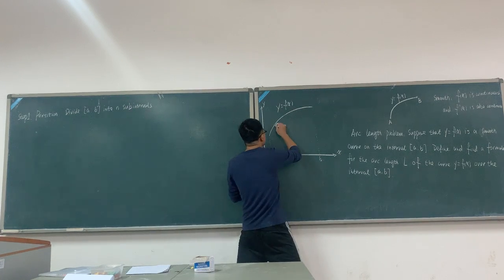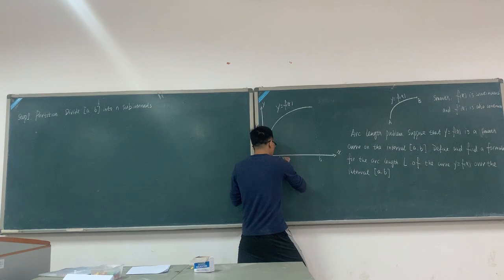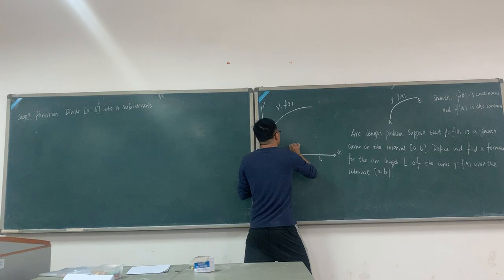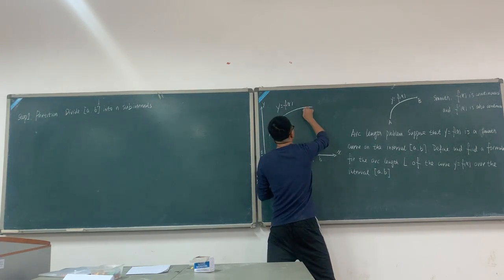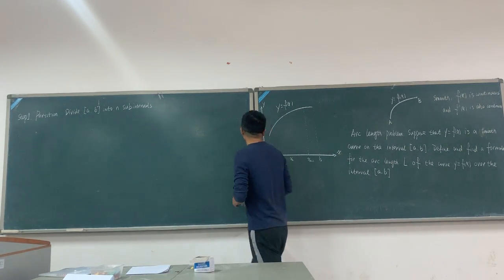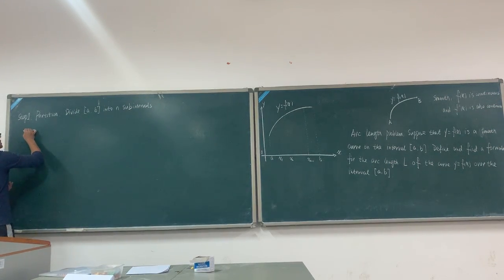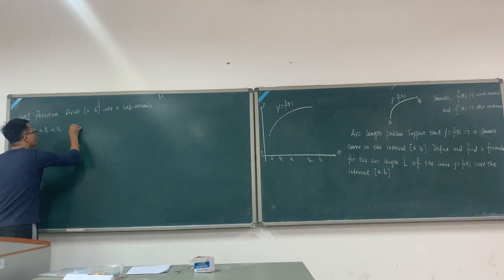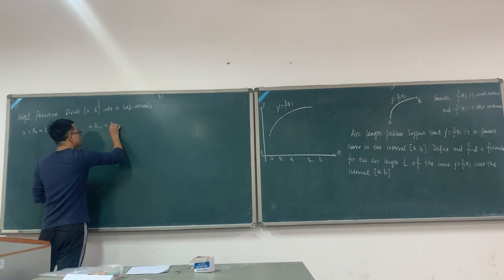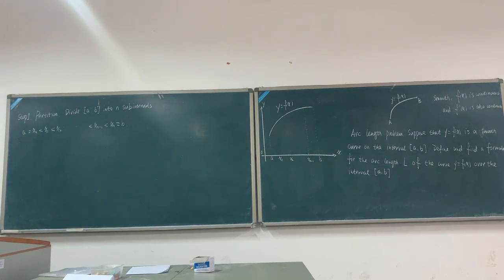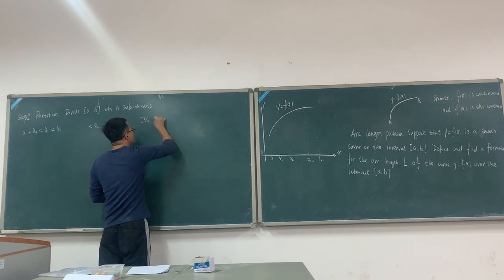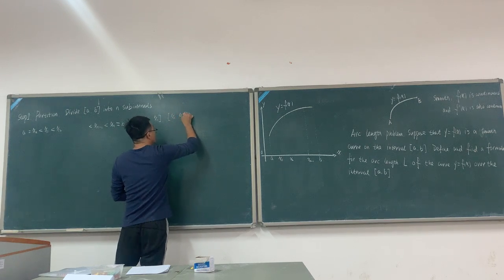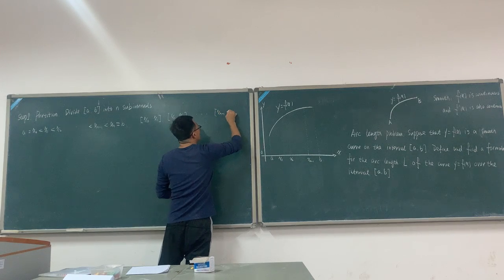For example, here is x1, here is x2, go on, here is x(n-1). So in the first step, partition, we obtain x0 is A, and x1, x2, go on, x(n-1), less than xn is B. The subintervals are [x0, x1], [x1, x2], up to [x(n-1), xn].